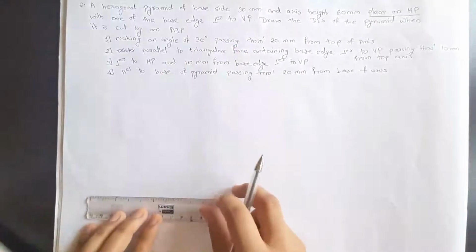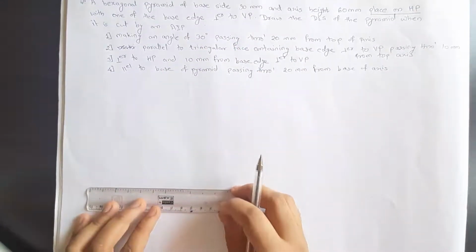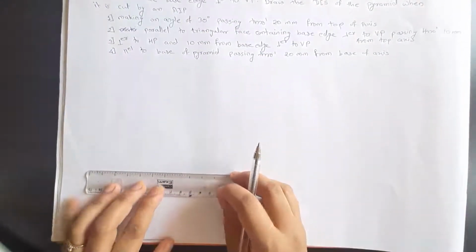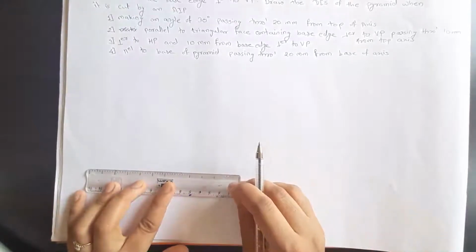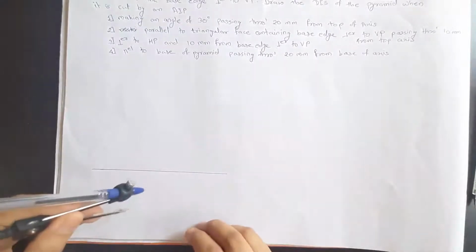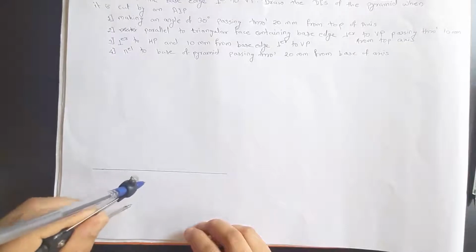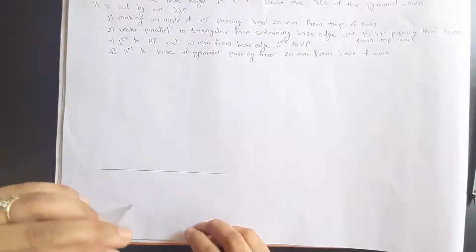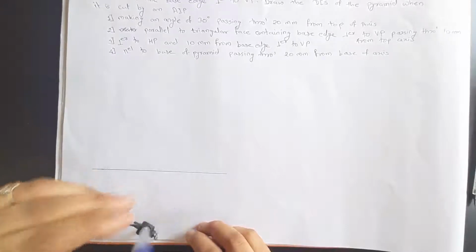So let's draw first the XY line. Once you have drawn the XY line, take the radius of 30 mm in a compass and draw the circle so that we can draw the hexagon.